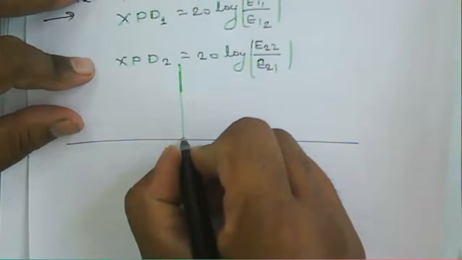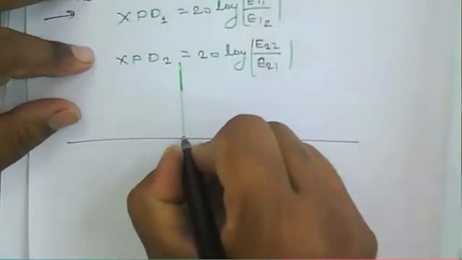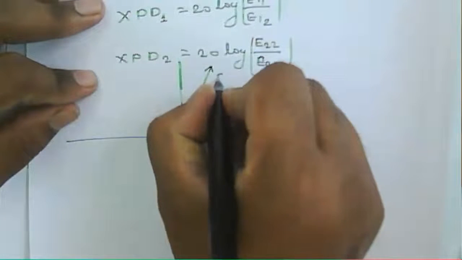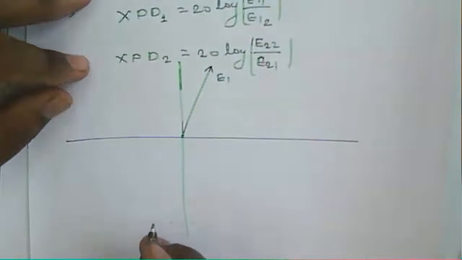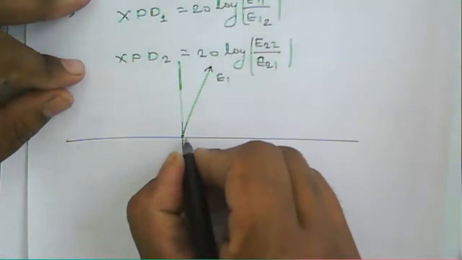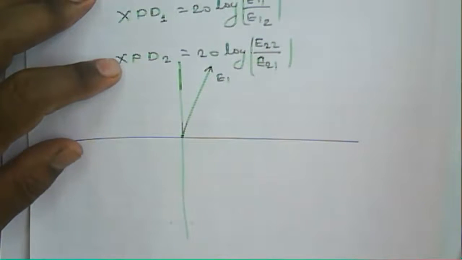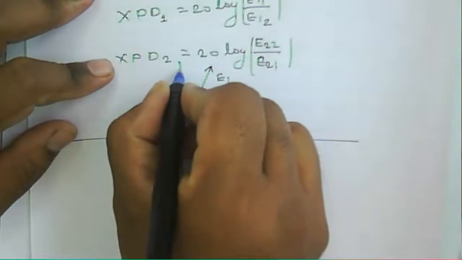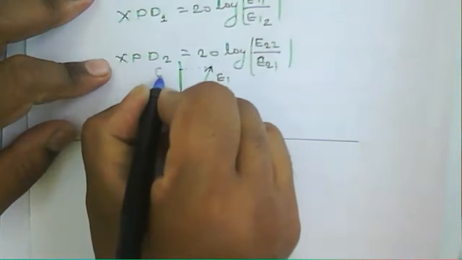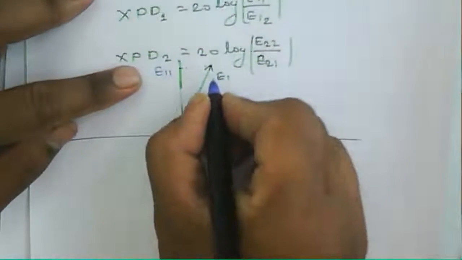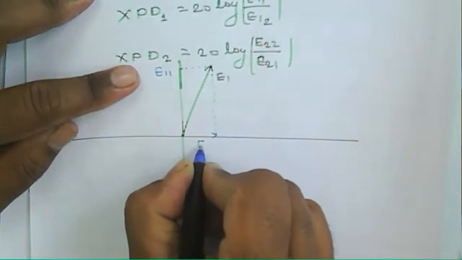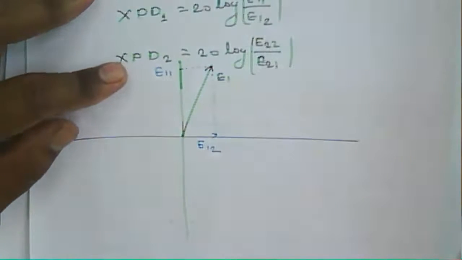Because this one is rotated by 5 degree, from this E1 we'll get one vertical component that will be E11 and another component that will be E12.